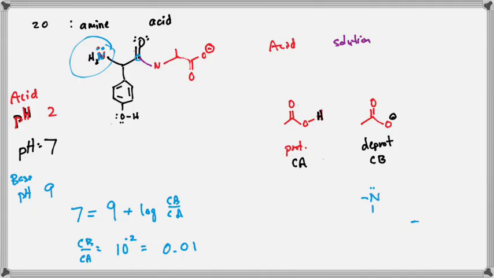So here's our NH2. We could go through and look at it going this way, and it would become our protonated state. Or we could have gone this direction, in which case it would have become deprotonated here with a negative charge.